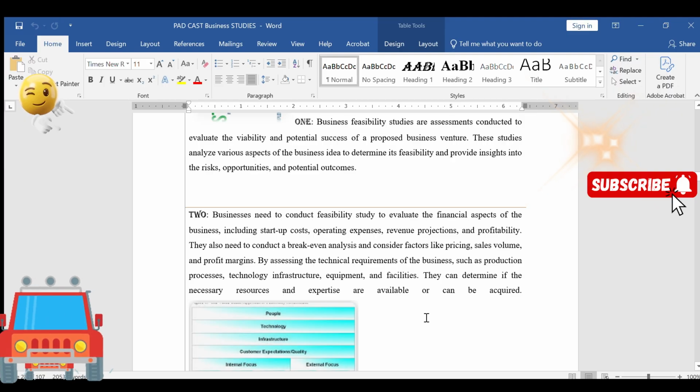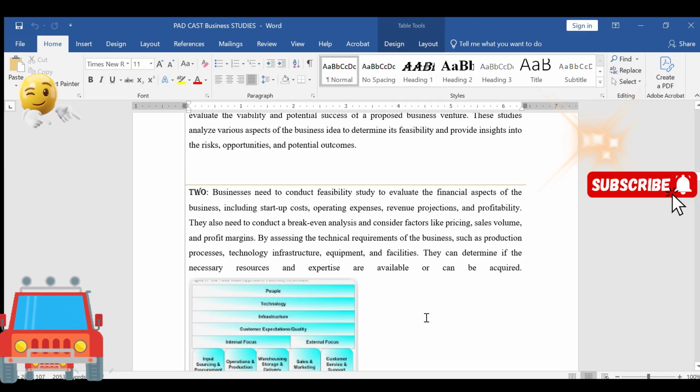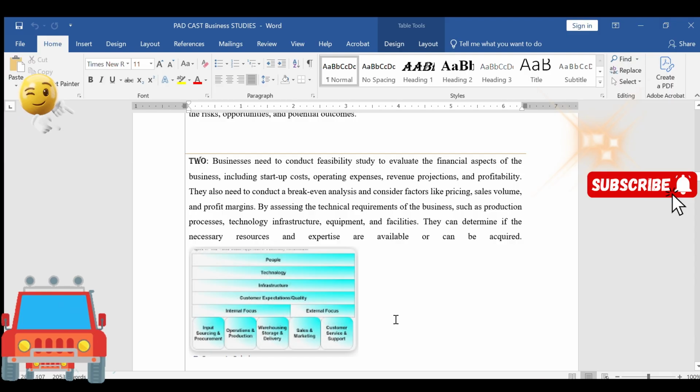Businesses need to conduct feasibility studies to evaluate the financial aspect of the business, including startup costs, operating expenses, revenue projections, and profitability. They also need to conduct a break-even analysis and consider factors like pricing, sales volume, and profit margins.